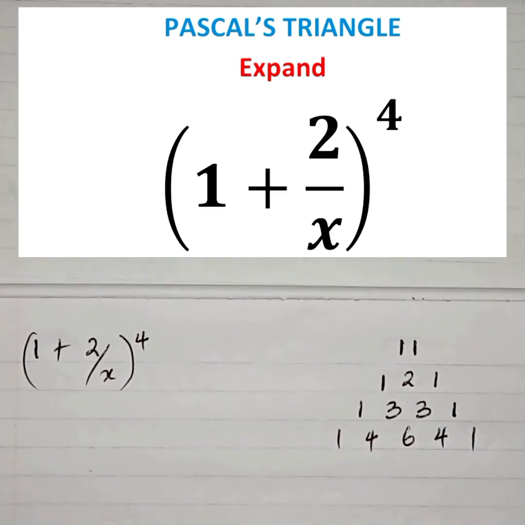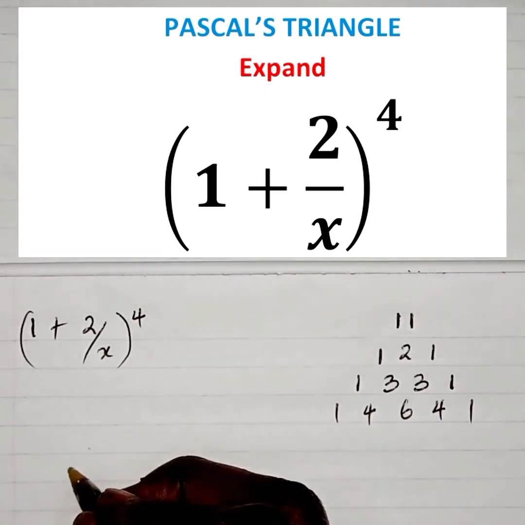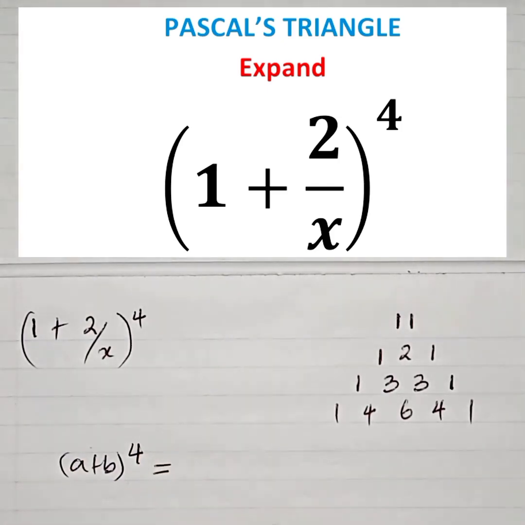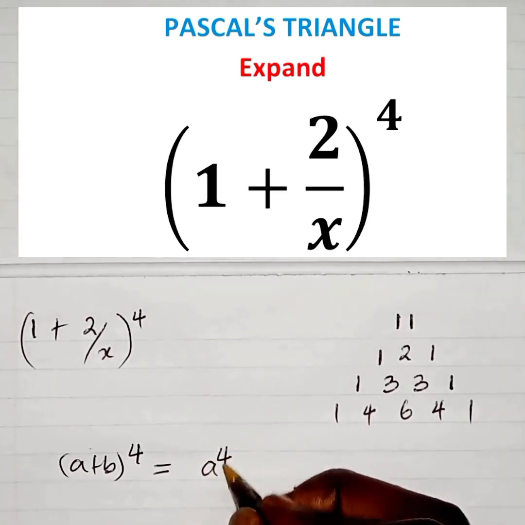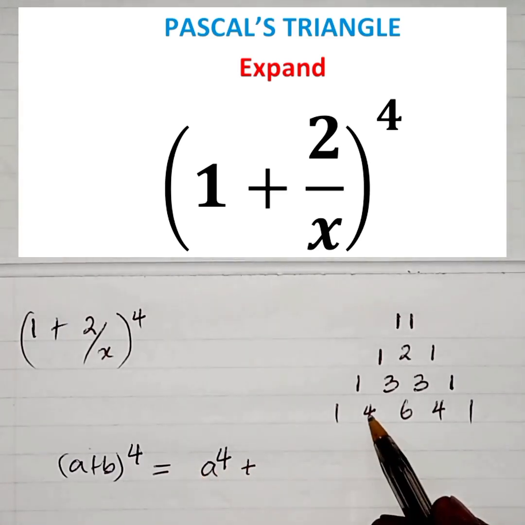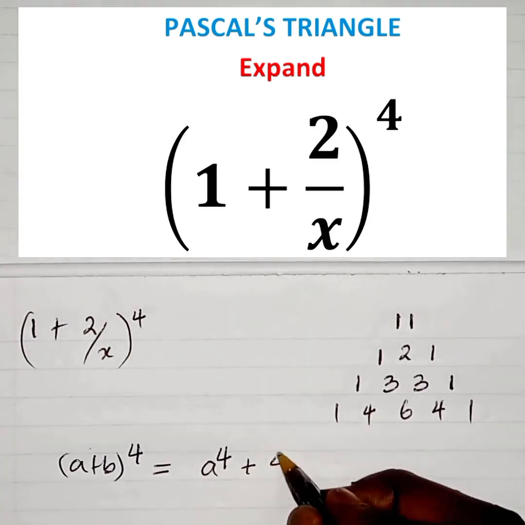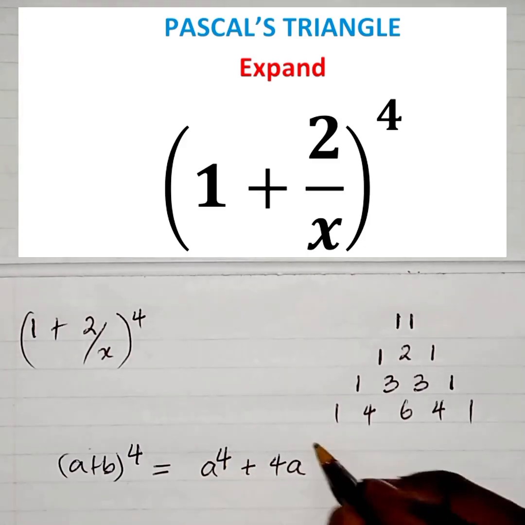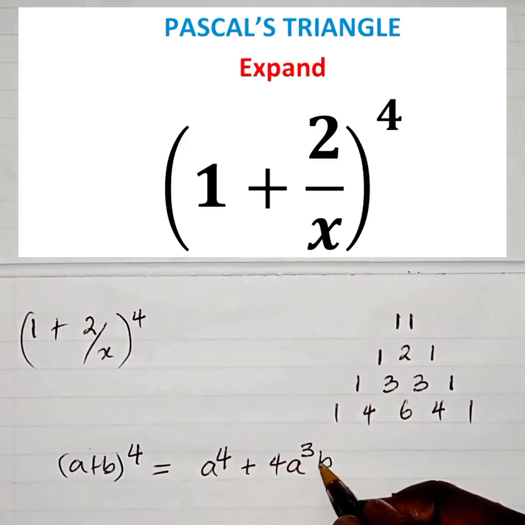Now, that formula will be given by (a + b) to the power of 4 is equal to a to the power of 4, plus, remember we put a coefficient of 1 on that, then we put a coefficient of 4, a, we reduce the power of a by 1, that will be a to the power of 3, b.